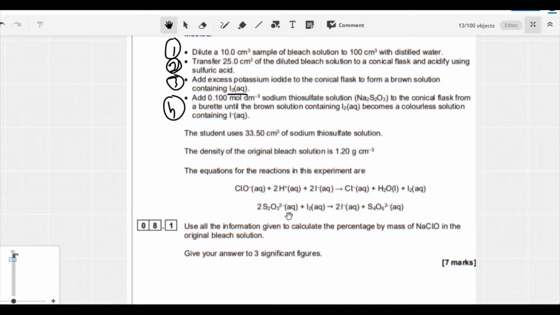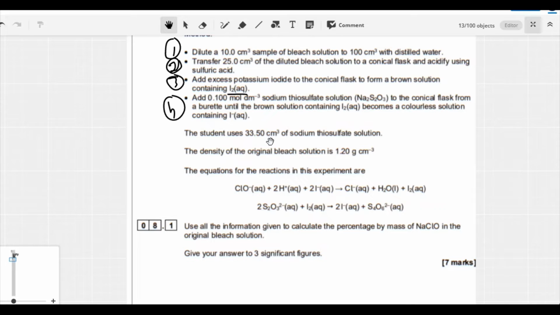So we have to find firstly the moles of thiosulfate, S2O3 ions. The volume is equal to 33.50 cm³.